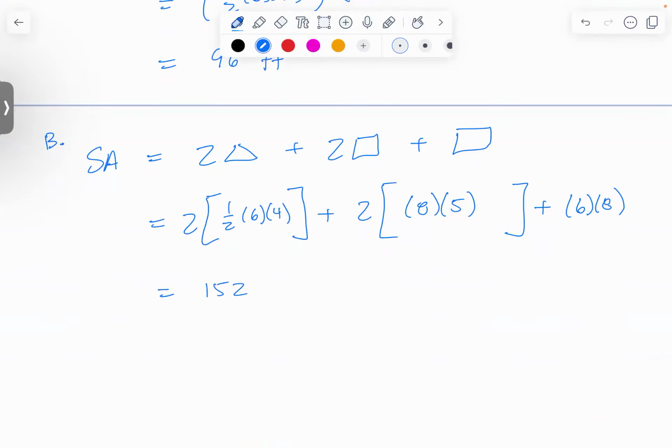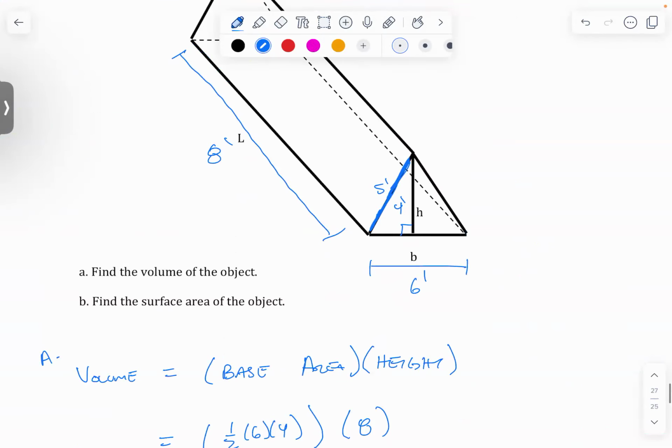And when you do the calculations, you would see 152 feet squared. Again, surface area is square feet. But the big thing about this one is that when you have surface areas, you just have to count the sides and think, are the sides the same or are they different? What are the shapes of the sides? Break it down piece by piece.